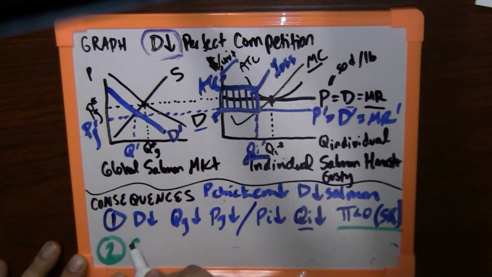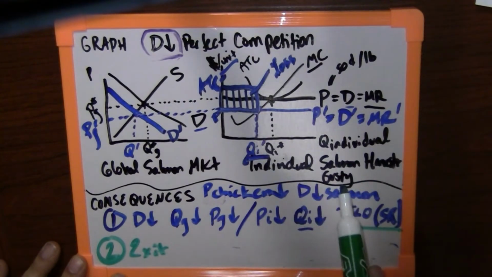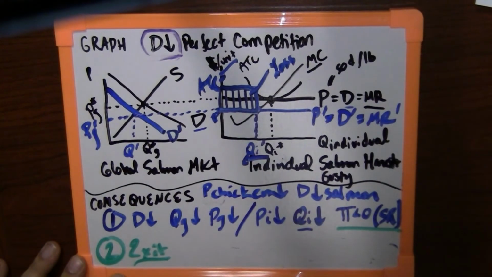So we have exit. Remember Gusty, he's an interesting guy, but he also represents just the average participant in this market. And if the average person is making a loss, people start exiting. The person with the largest cost is going to exit first, but people are going to exit in quick succession until the market gets back to equilibrium.